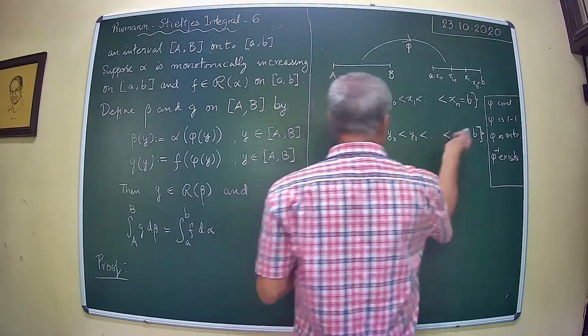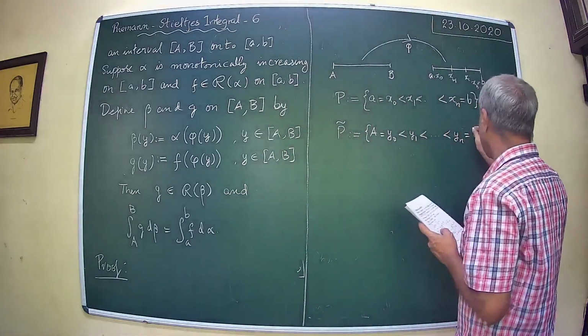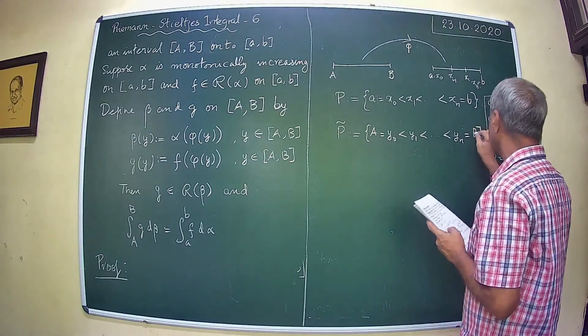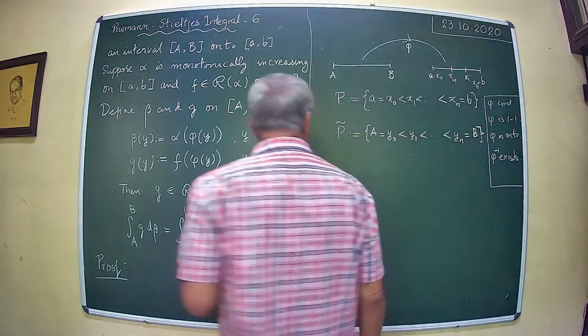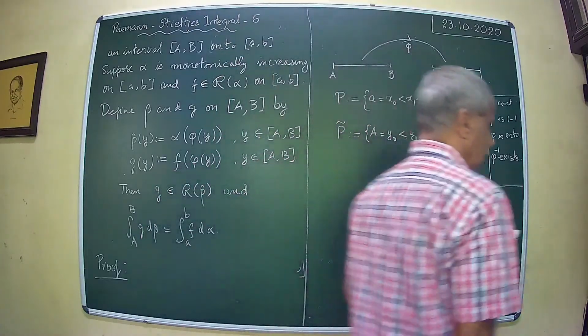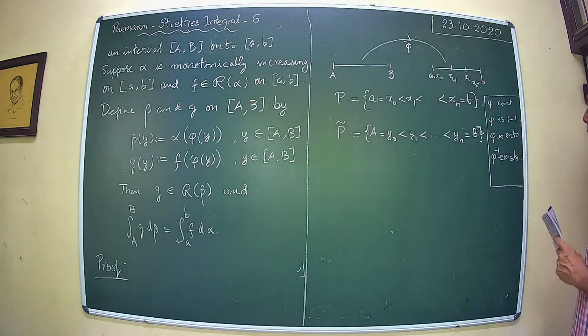P theta is a partition of A capital B. Now what do you have here?